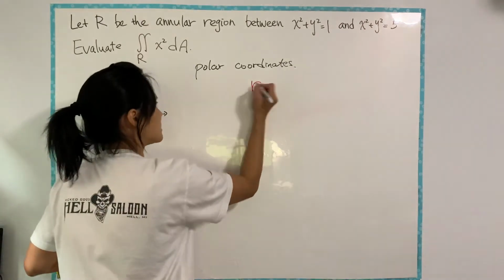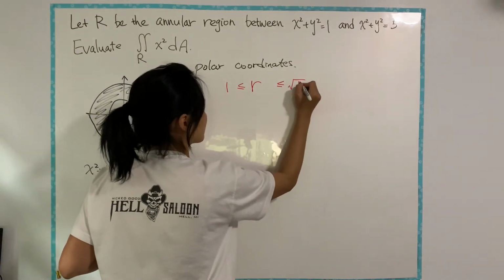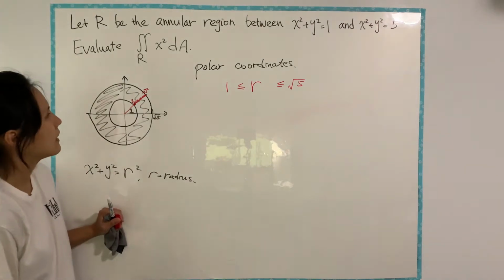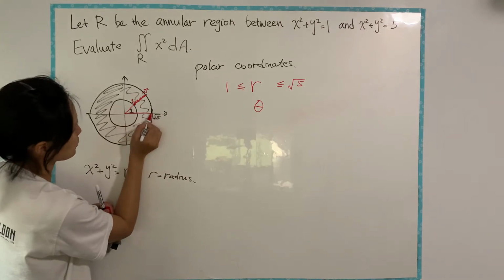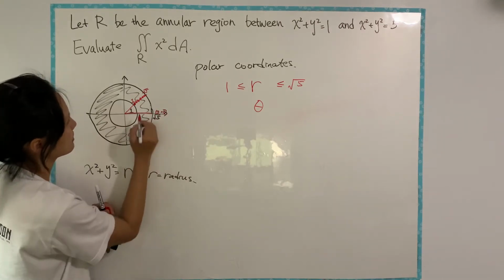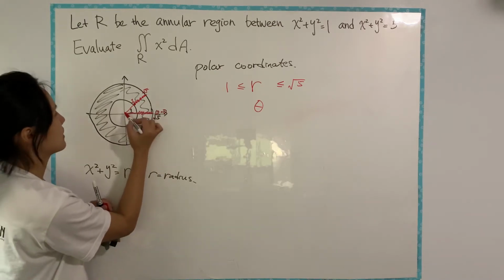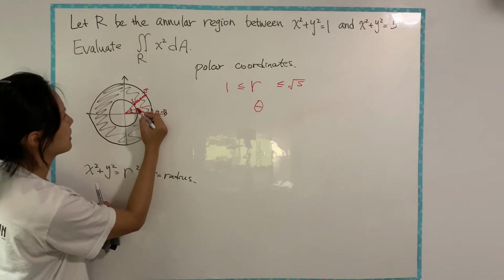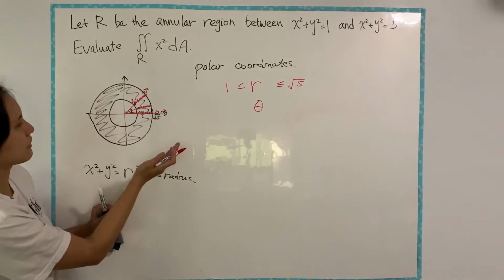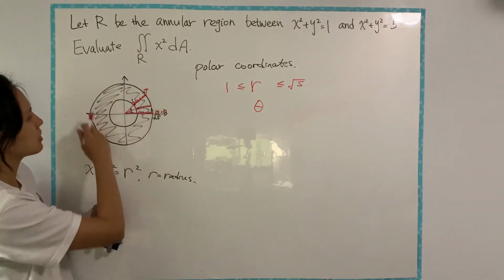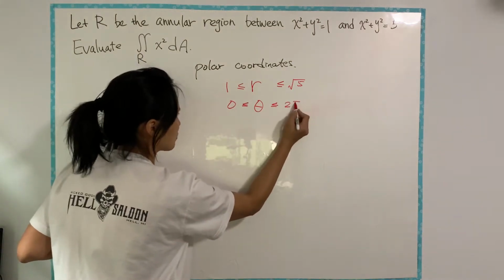So I would have radius r greater than or equal to 1, less than or equal to root 5, and this is true for all directions. For example, this direction is theta equal to 0, and we take the part where r is between 1 and root 5. For another direction, we also take the part where r is between 1 and root 5, right? And this is true around the entire circle. So theta would be anything between 0 and 2 pi.